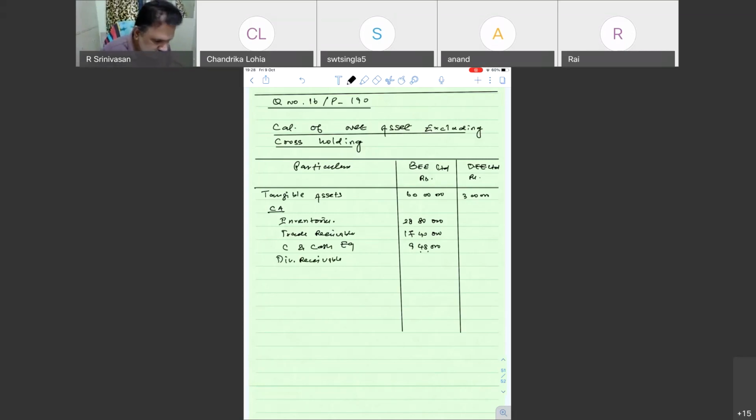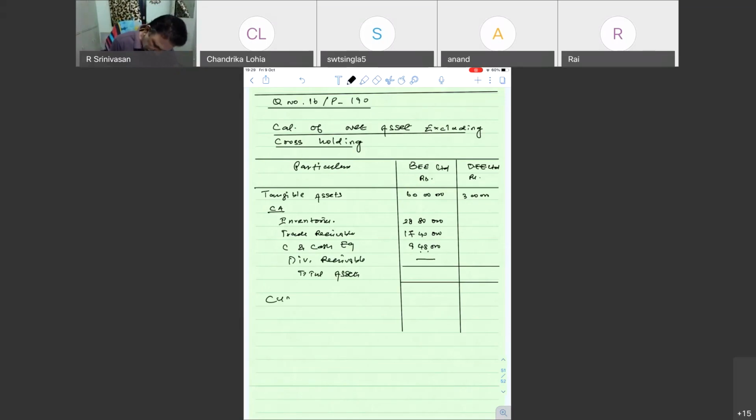The reason is D Limited is being closed, so they will be getting it before closing. They will be getting all these things. Because D Limited is taking over, it is not applicable for these people. Okay. And plus X.